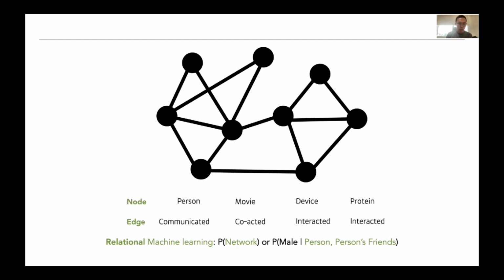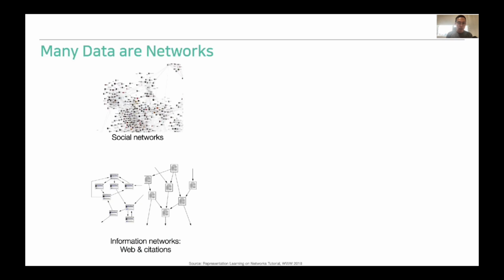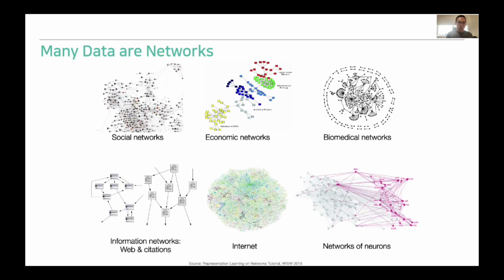When we use relational machine learning, we expect better accuracy, right? We have graph data in our lives: social networks, economic networks, biological networks, information networks, the internet, and neurons. We have so much relational data.